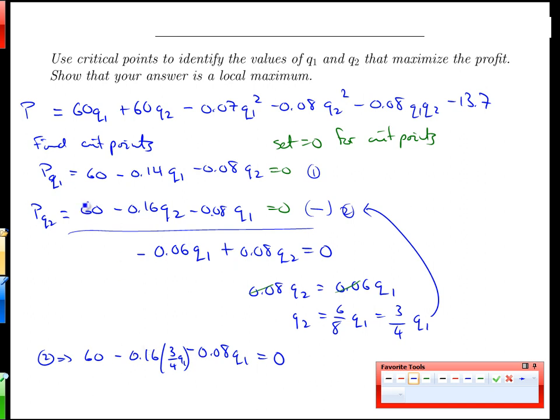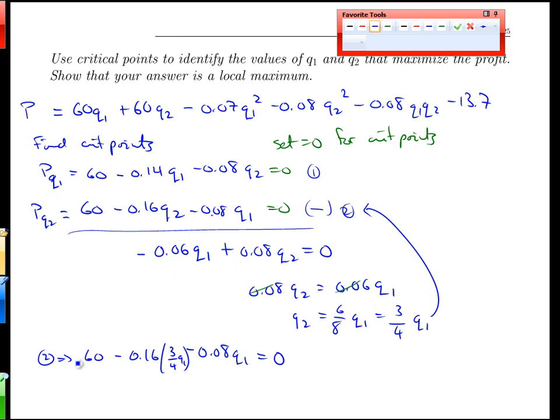So our second equation, 60 minus something with Q2, but Q2 is 3/4 of Q1. And then we have Q1 again. What does that get us? Well, we have 60, 3/4 of 0.16 is 0.12. And we also have another negative 0.08, and that's all that. That many Q1s equals 0, and that is better known as minus 0.20.